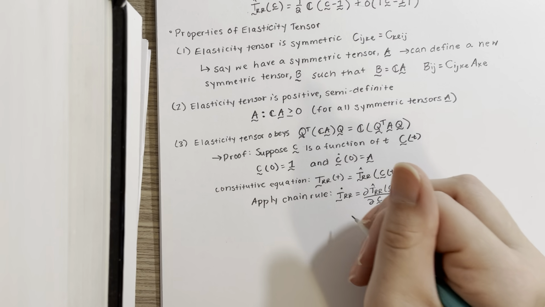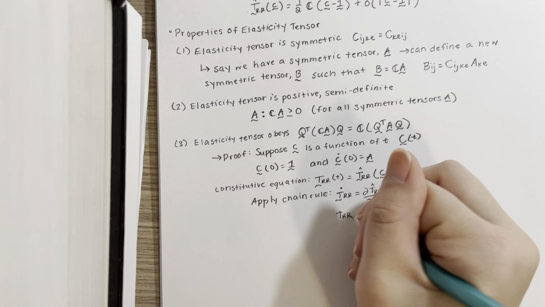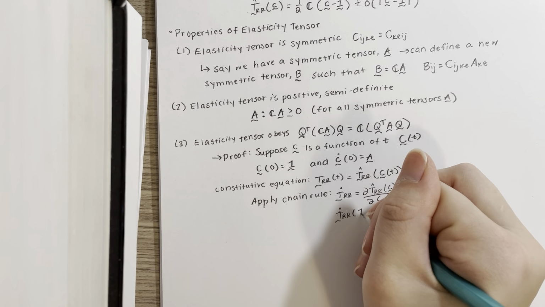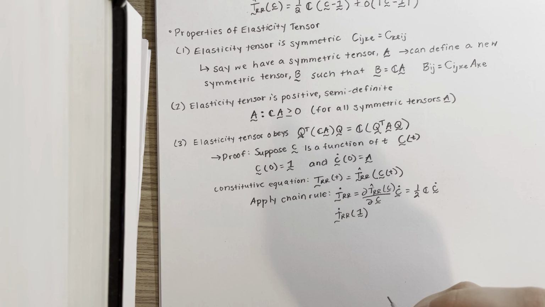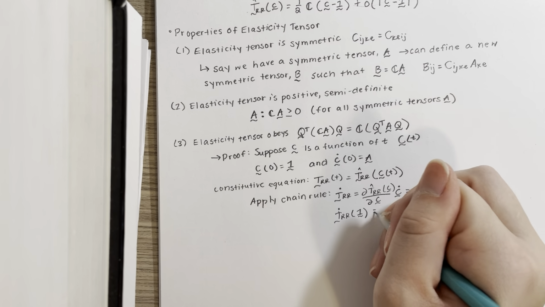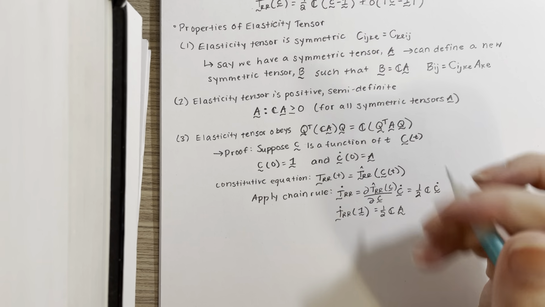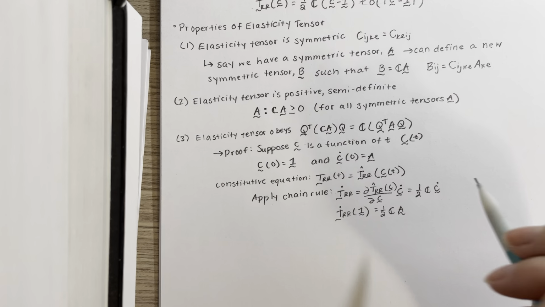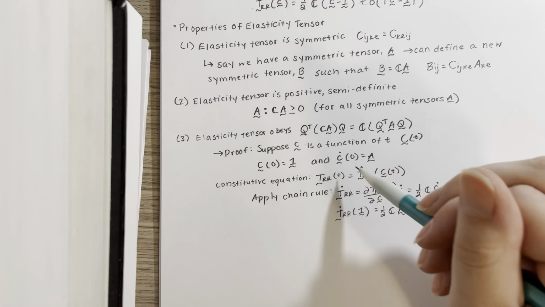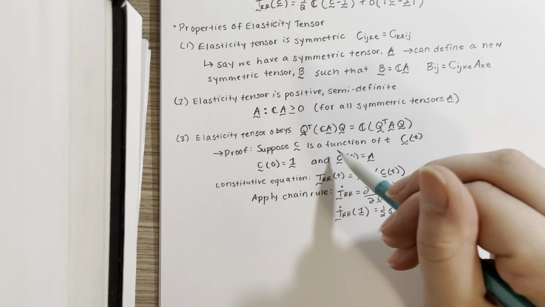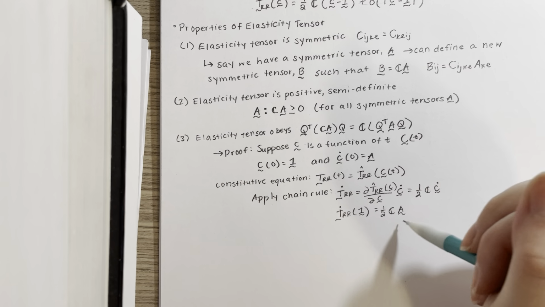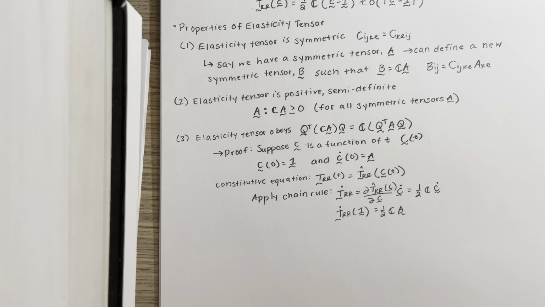Therefore T_RR dot evaluated at C equal to the identity tensor is equal to 1/2 C times A, because one of the conditions we assumed was that C dot of 0 is equal to A, so we just plug that in.